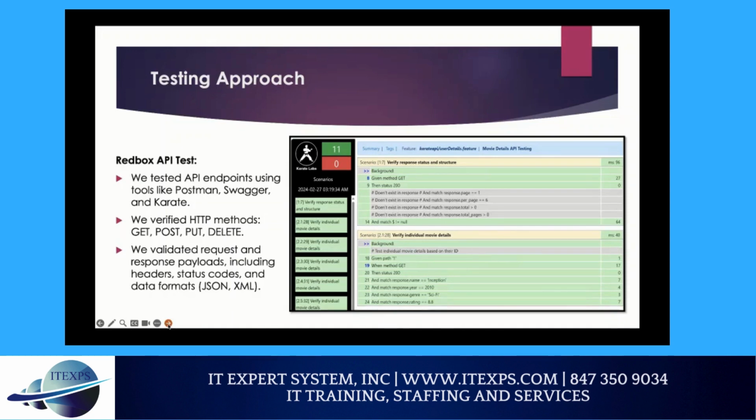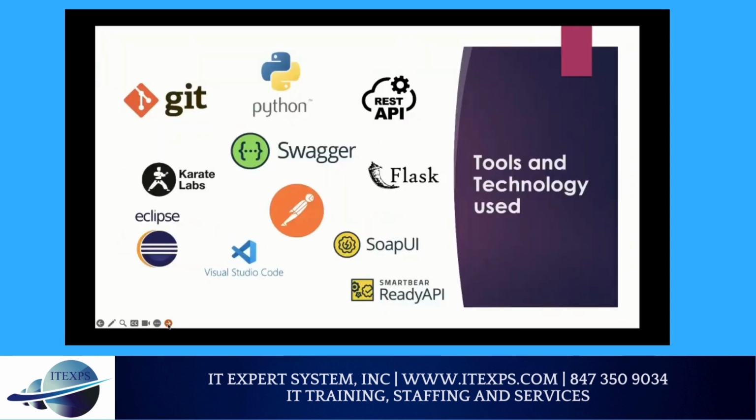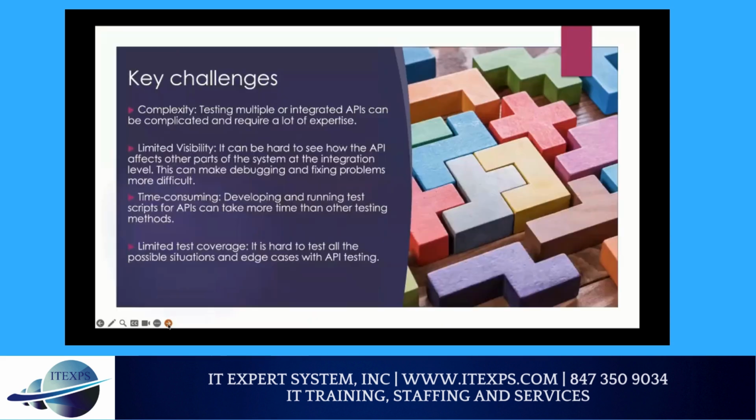And then as a team, the tools and technologies we used were Ready API, Git, Python, REST API, Swagger, Flask, Karate Labs, Eclipse, Visual Studio Code, Postman, and SoapUI. And for communication, we used WhatsApp mainly, and then WebEx for meetings.